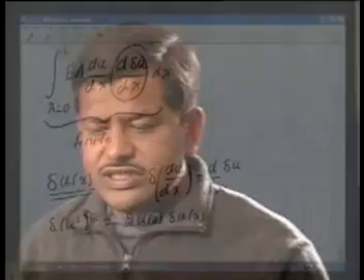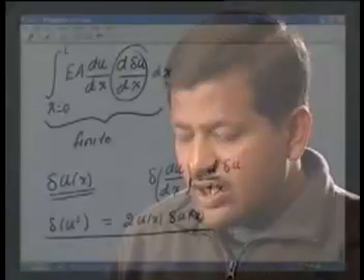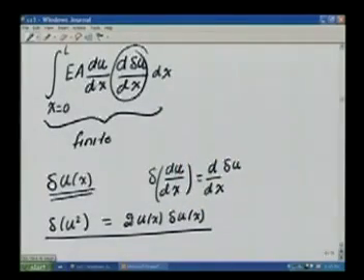So variation essentially works in principle like the derivative, but it is not the derivative because we are talking of perturbing a function, not taking differential or the derivatives of a function at a point. So using these properties, we are going to develop the next thing.